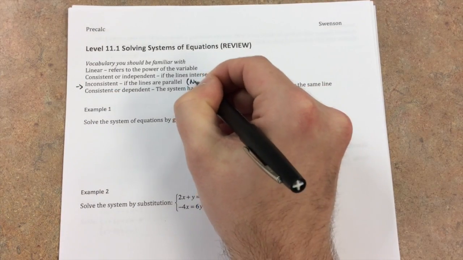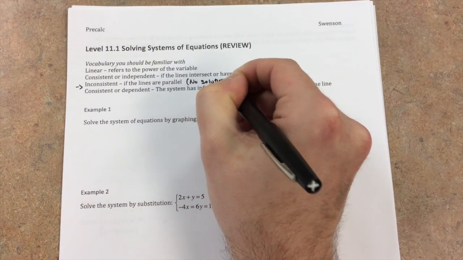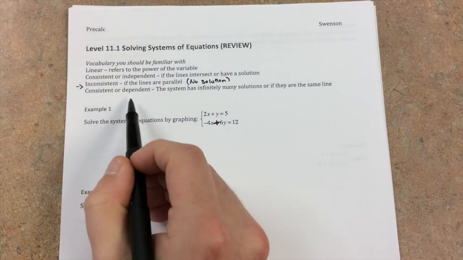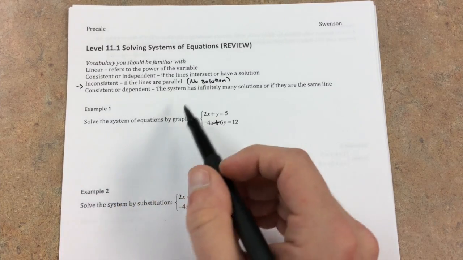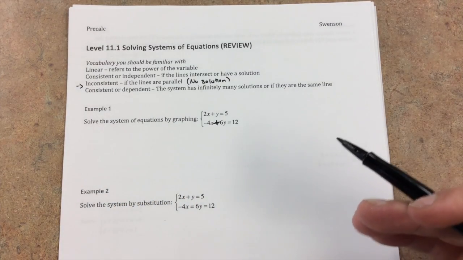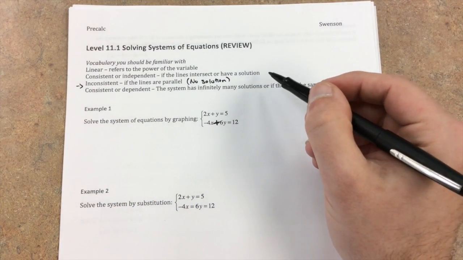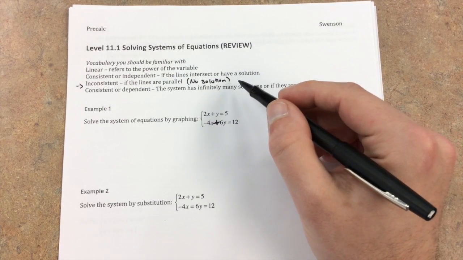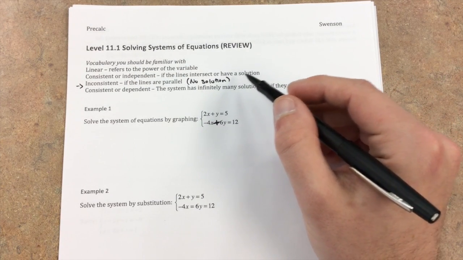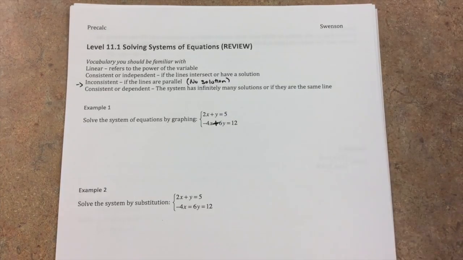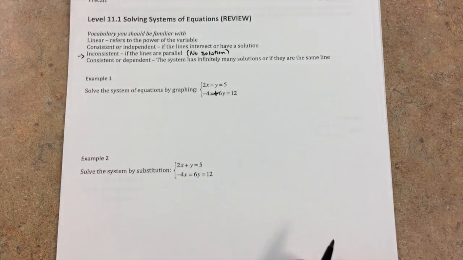The last one is a consistent or dependent system, and that's when you have infinitely many. So we say independent for one solution, inconsistent for no solution, and dependent for infinitely many solutions.